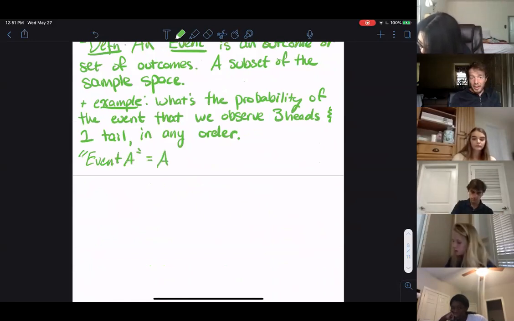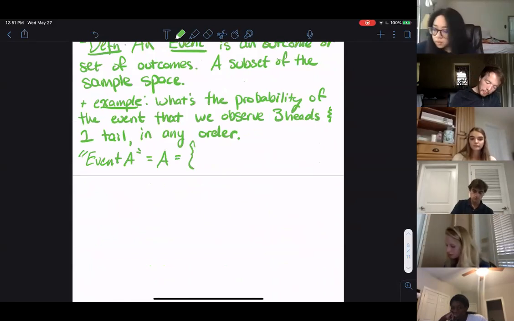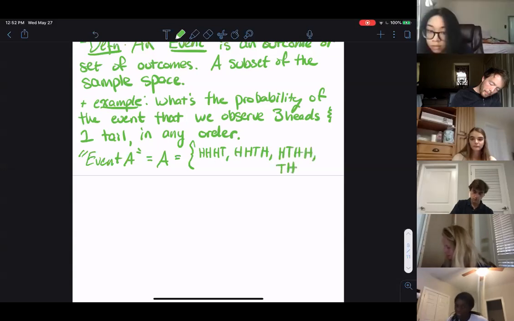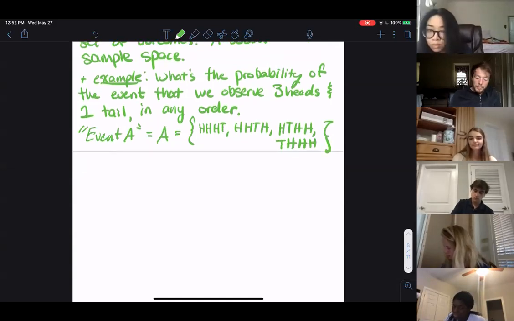So A, the event A, is equal to this set of outcomes. So rather than singular outcomes, we now have a set of outcomes, and the question is, what is the probability of A?